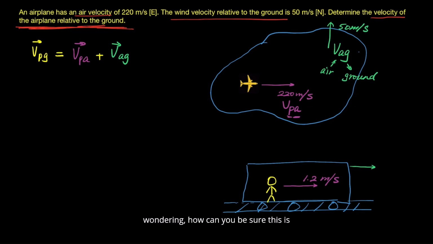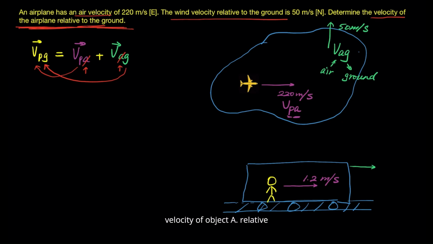You might be wondering, how can you be sure this is the right way to set it up? A simple way is to look at the subscripts. See, the A for air is a common subscript. When you line up the vectors like this, the common A essentially cancels out, leaving this P and G for plane relative to the ground. Generally, this is the rule for any relative motion problem.